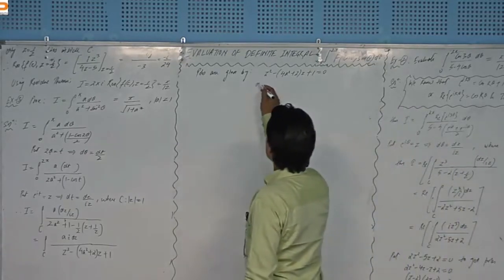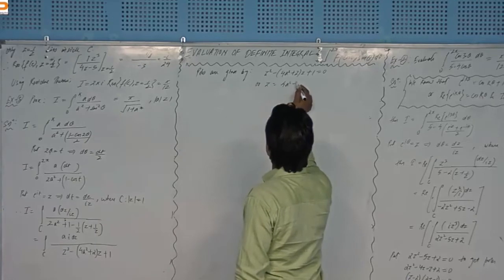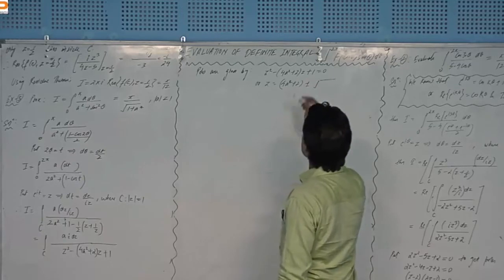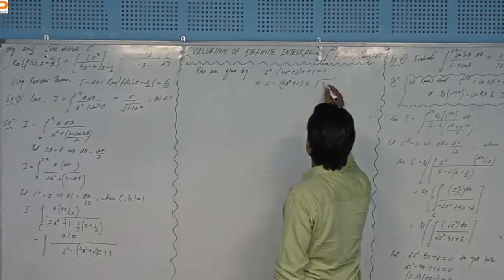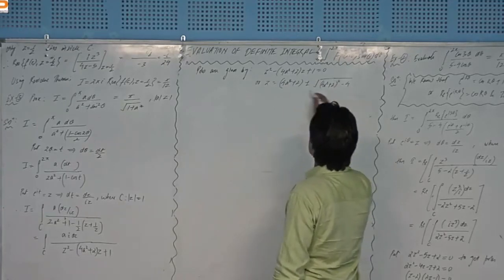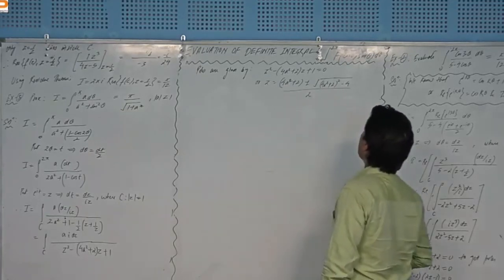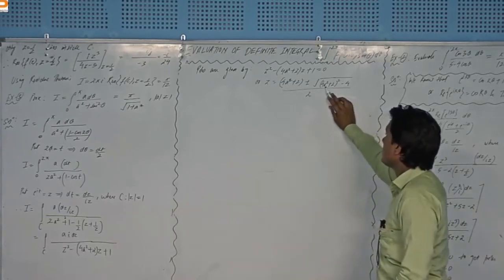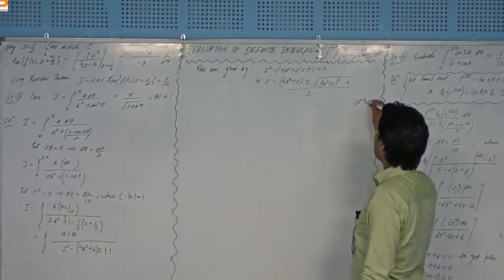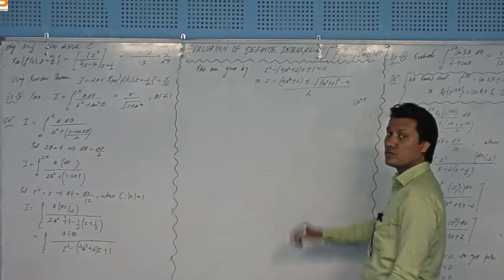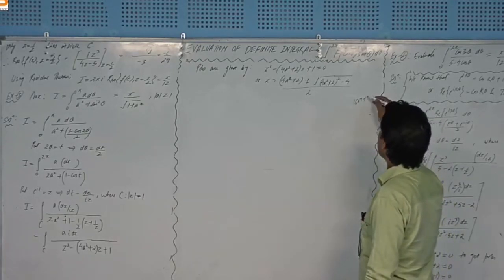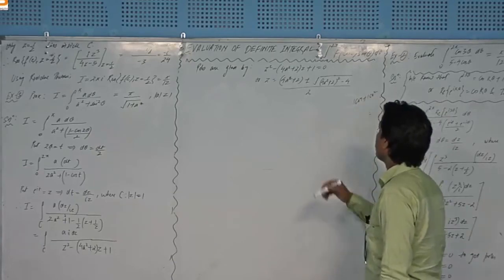That will give me z equal to minus b plus minus square root of b square minus 4ac over twice of a, that is, (4a square plus 2) plus minus square root of (4a square plus 2) whole square minus 4ac, over twice of a. I think this will give me 16a to the power 4 plus 16a to the power 4 plus 4, and 4 and 4 will cancel out, right? And 8 4 4 16, 16a square, something like this.